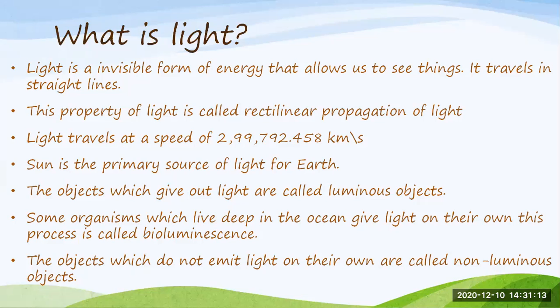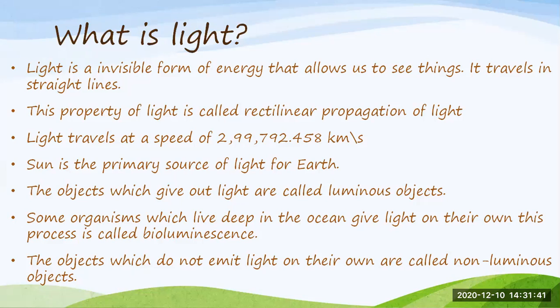And an important point about light is that it travels in straight lines. It does not deviate from its straight line and go in a curved line. And this property that the light travels in straight lines is called the rectilinear propagation of light.